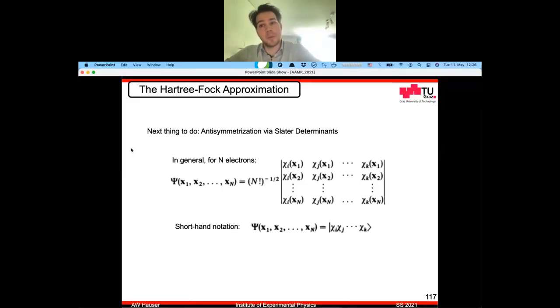We already know which criteria have to be fulfilled because electrons are fermionic particles, so it has to be an antisymmetric wave function in total. So now I'm writing an uppercase psi here as the total electronic wave function. And just as a reminder, this is only describing the positions of the electrons in space.